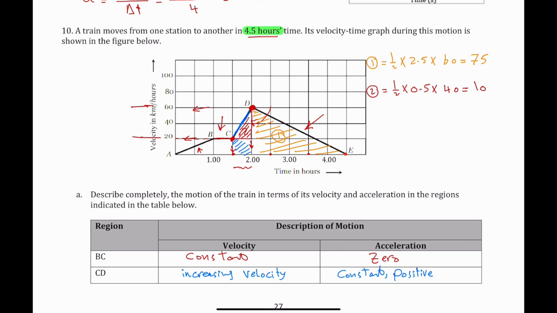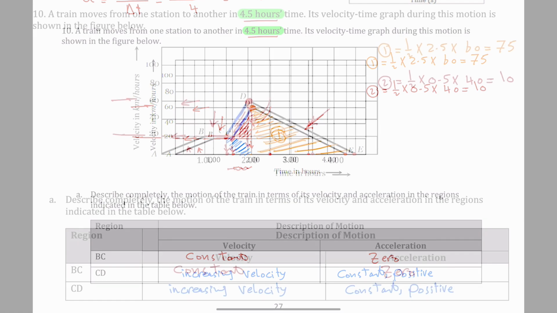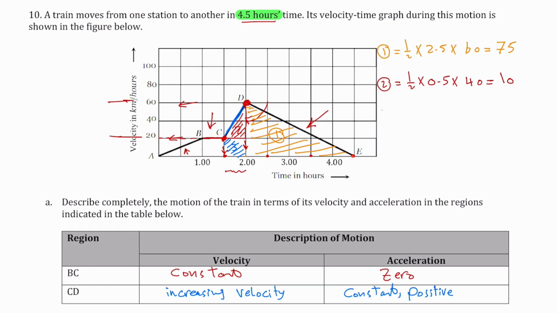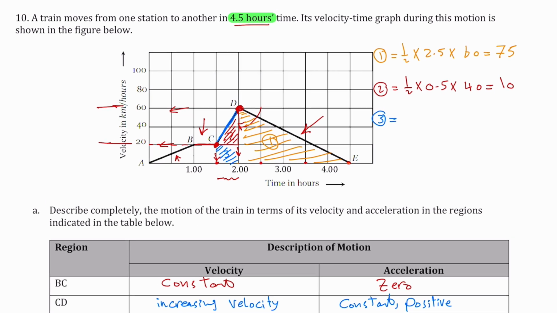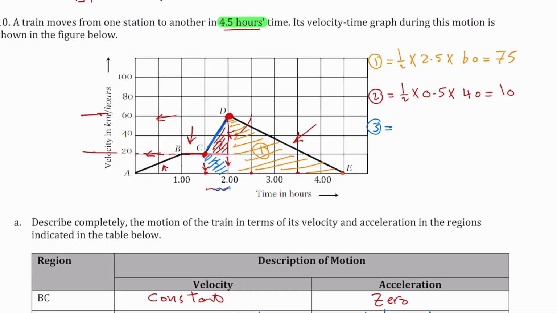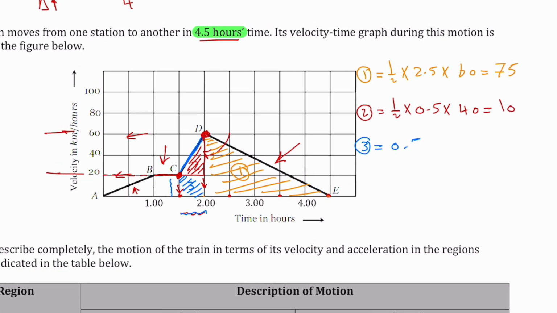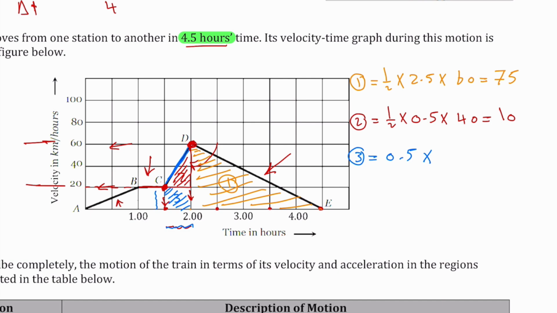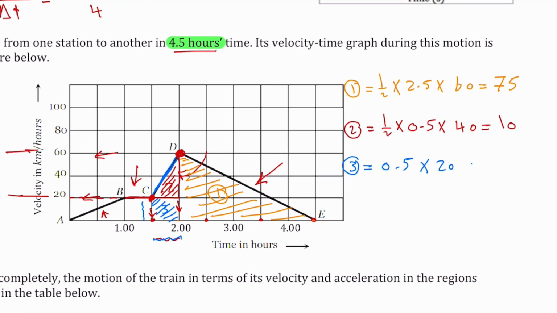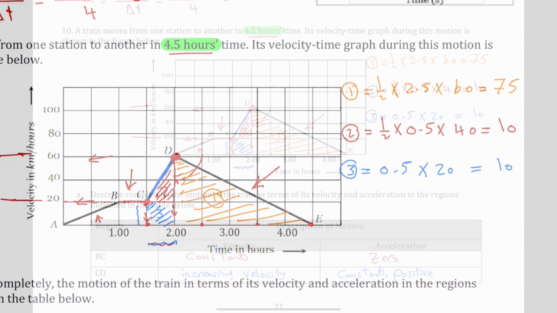Then area 3 equals the base times the height. So it's 0.5 times 20, which is 10.